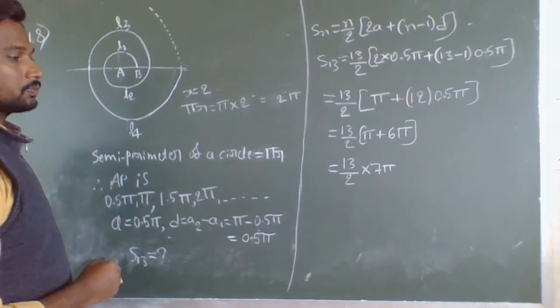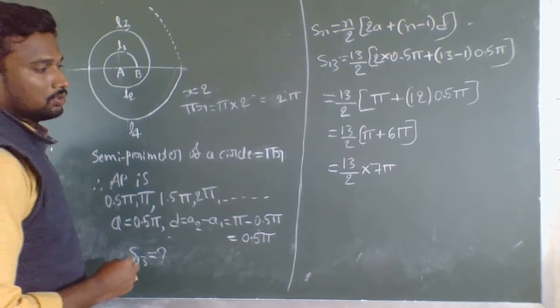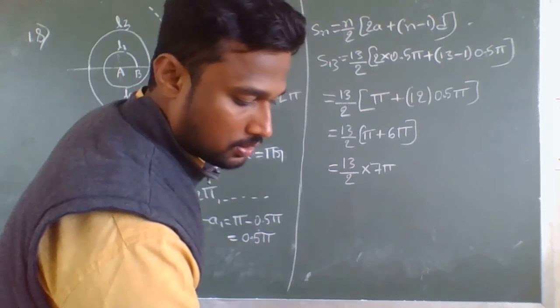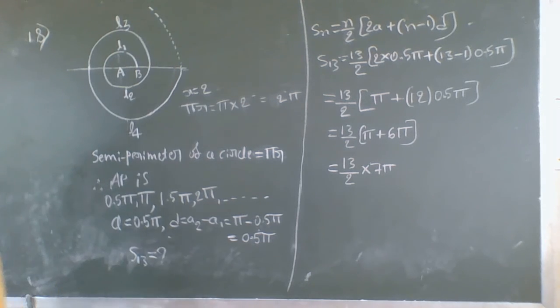So here what is the pi value? 22 divided by 7. They have given it in brackets also in the problem. Take pi value as 22 by 7.